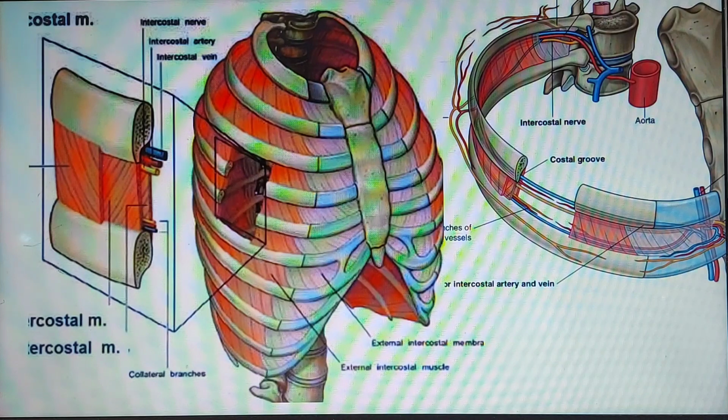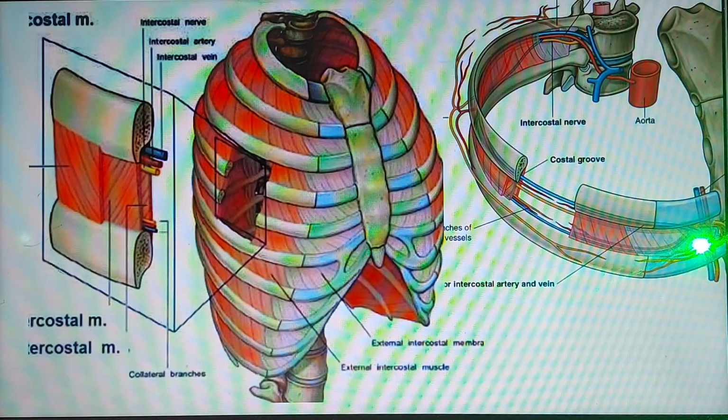Here we can see that the external intercostal muscle comes anteriorly, and it forms the anterior intercostal membrane here, and the internal intercostal muscle, in the posterior side, forms the posterior intercostal membrane.